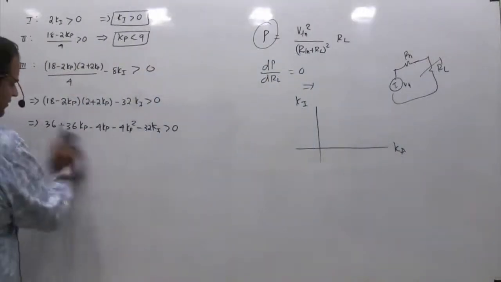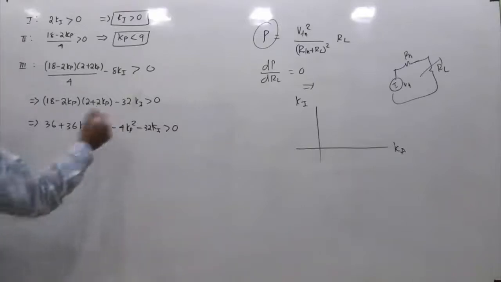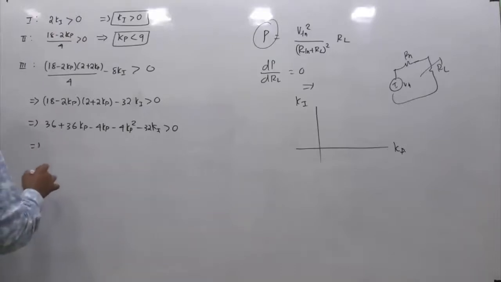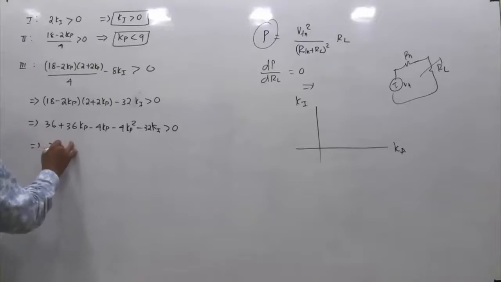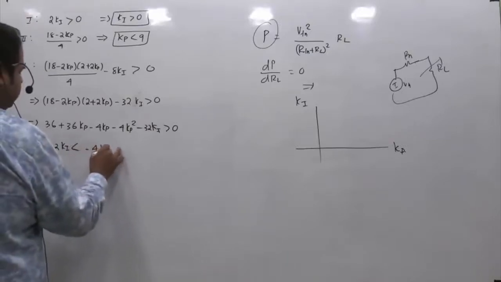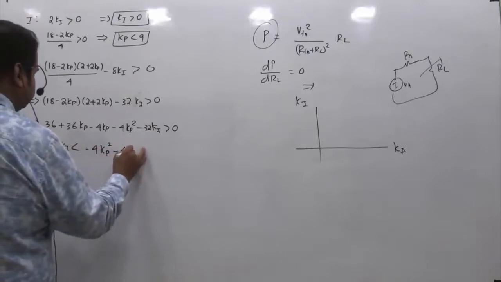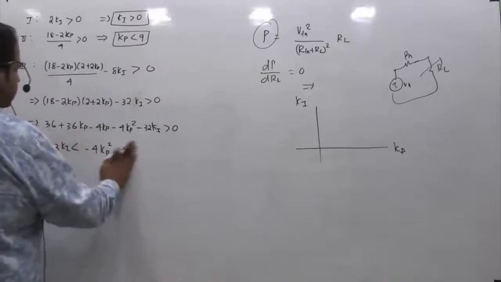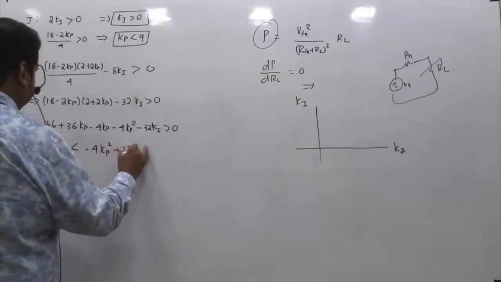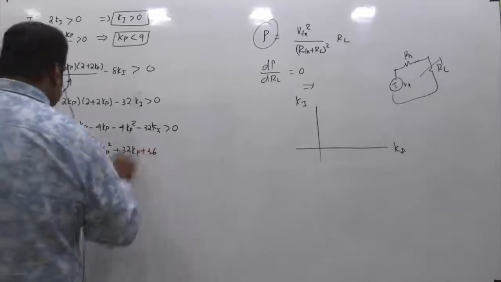In the Ki term, if you see, 32 Ki, if I bring this to this side, is less than minus 4 Kp square, and this is plus 32 Kp plus 36. Is that correct?